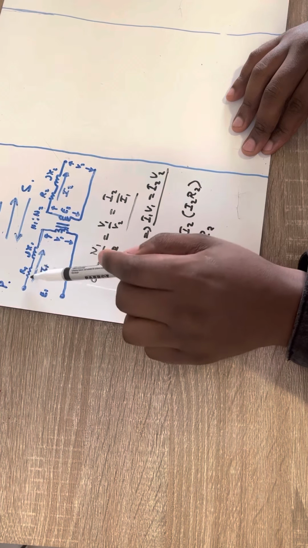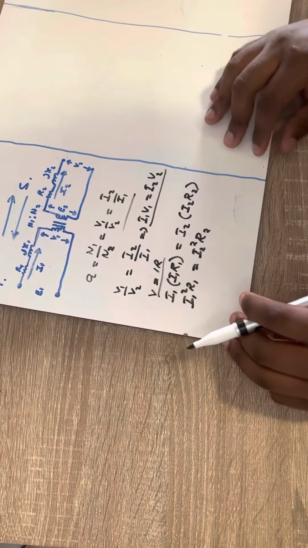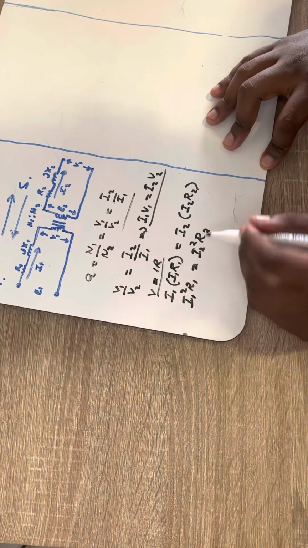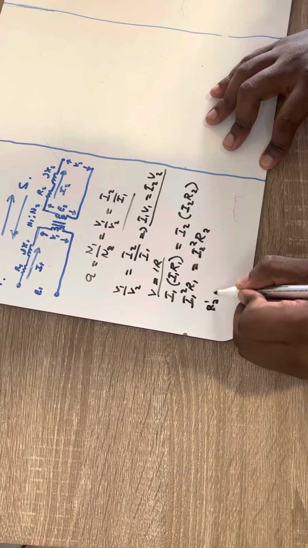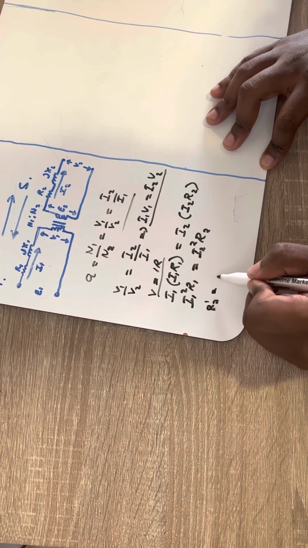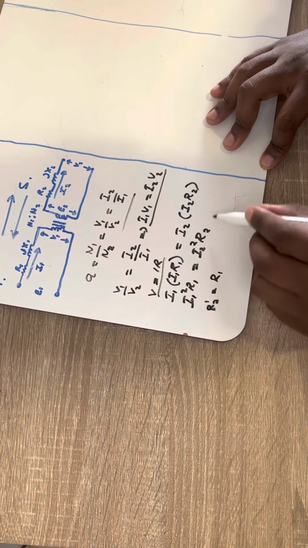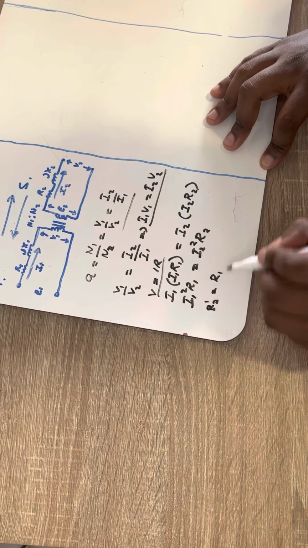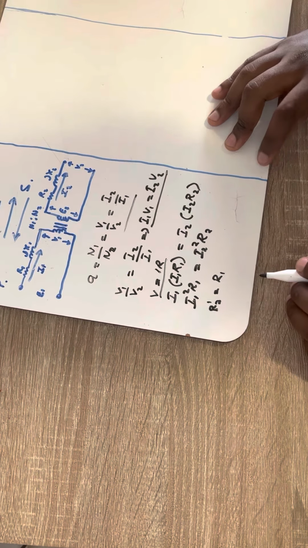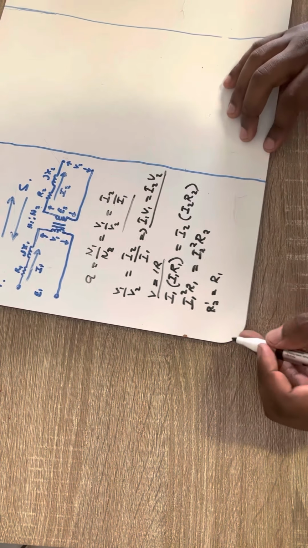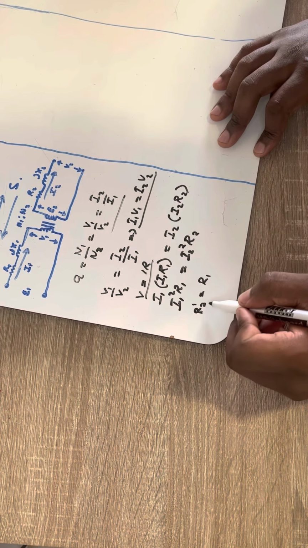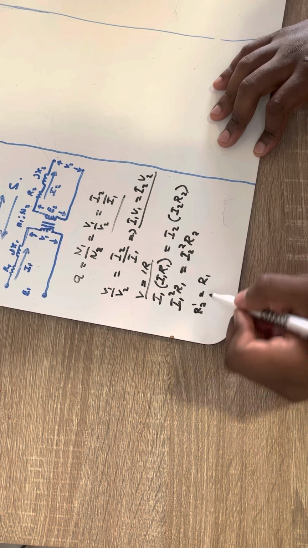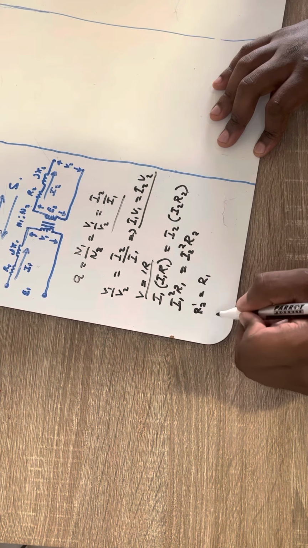So in this case, if we want to refer R2 to the primary side, we'll say R2 prime will be equal to R1 on this equation. So basically we have to substitute R2 prime in the place of R1.